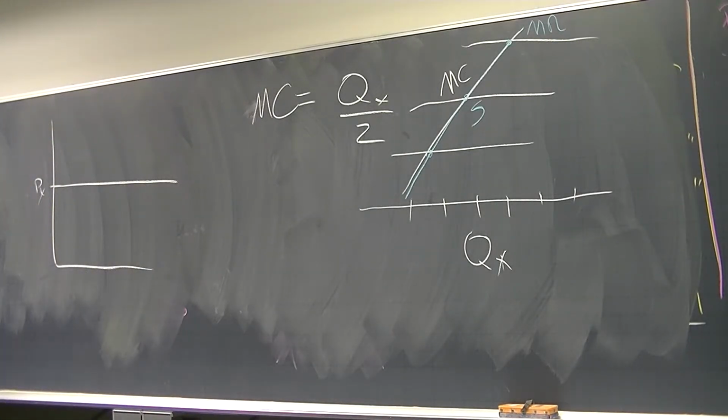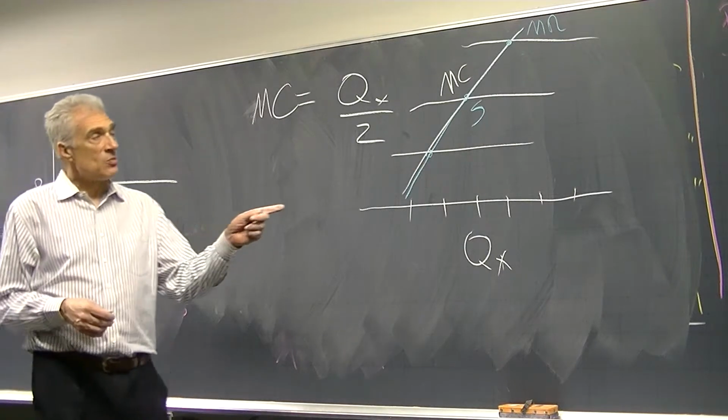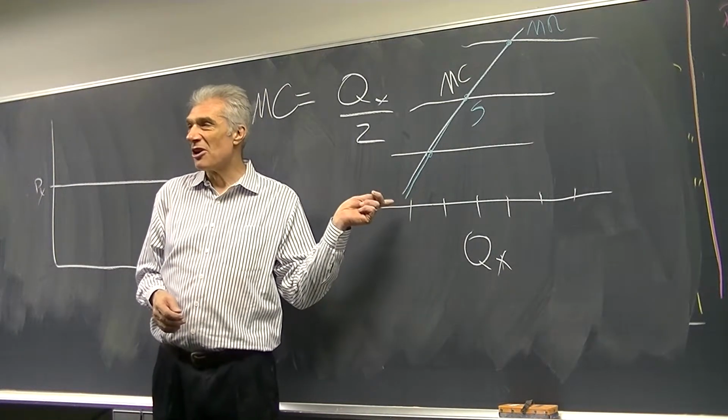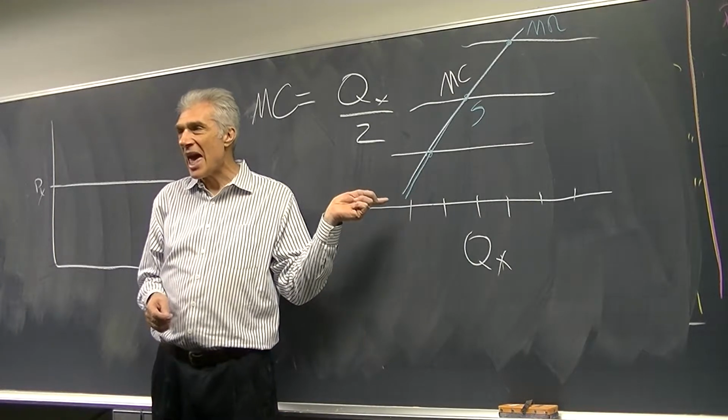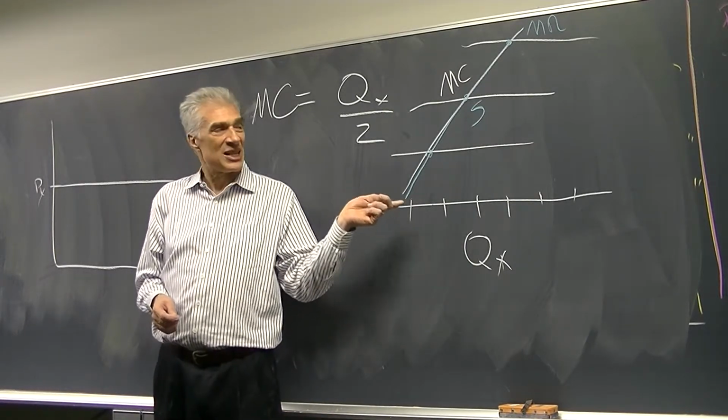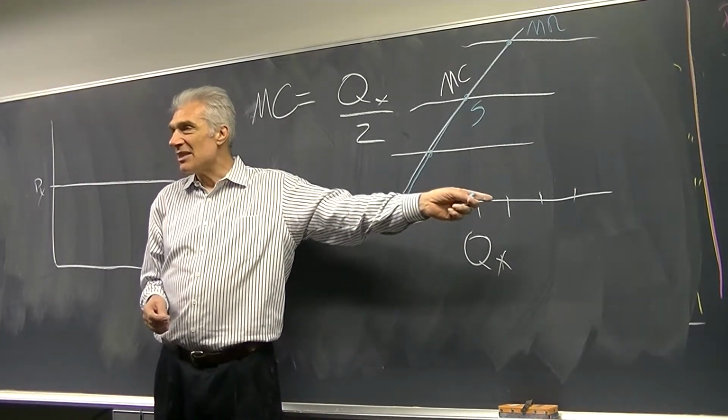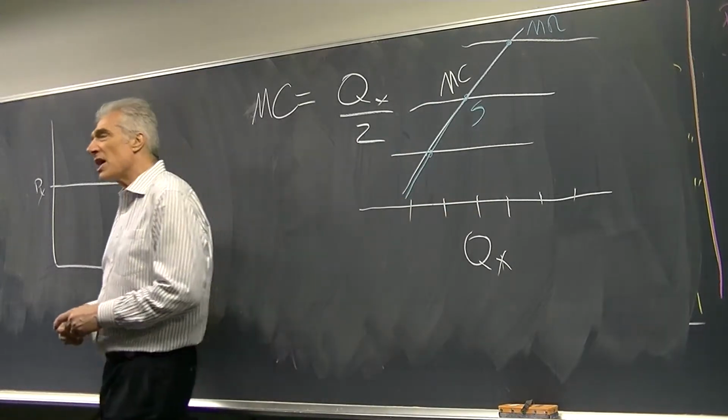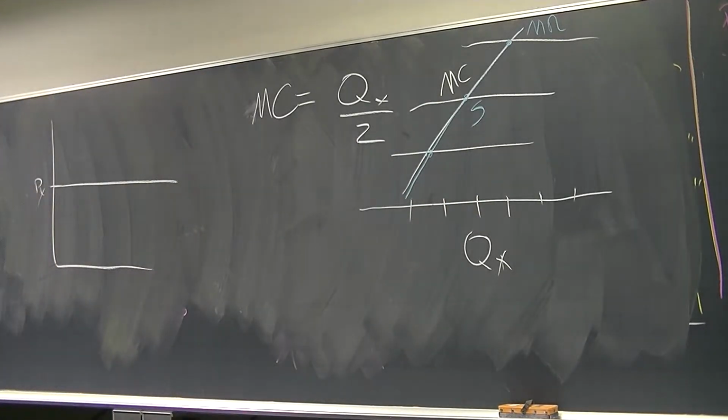The reason is that, and I saw some people put 0 marginal cost. Well, that's okay, but the problem with 0 marginal cost is that if your marginal cost is 0 under perfect competition, then the market price must be 0.